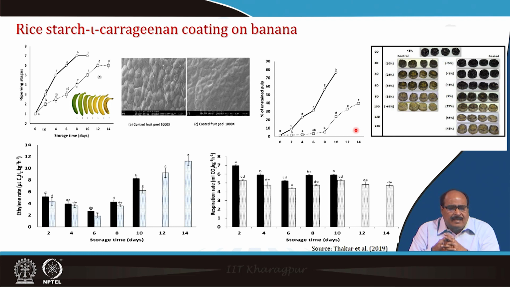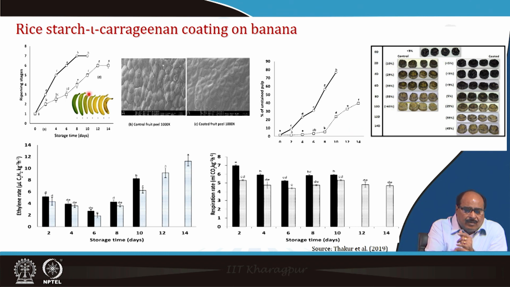This is a rice starch and carnauba coating of banana, and you can see the coated and uncoated banana at the ripening stage. Uncoated banana ripens fast, whereas after coating its rate of ripening is decreased, meaning its shelf life is extended. Similarly, here you can see the image of the control fruit and the coated fruit, and the percent utilization of pulp.